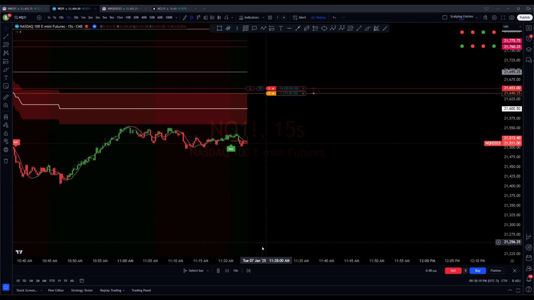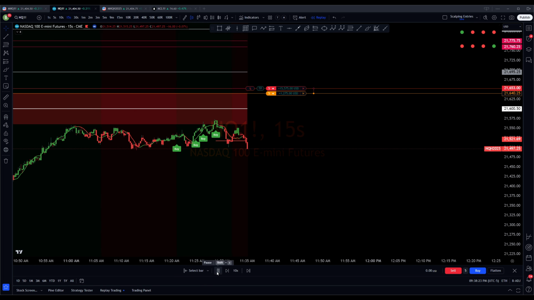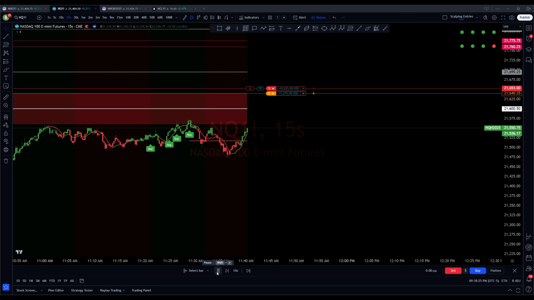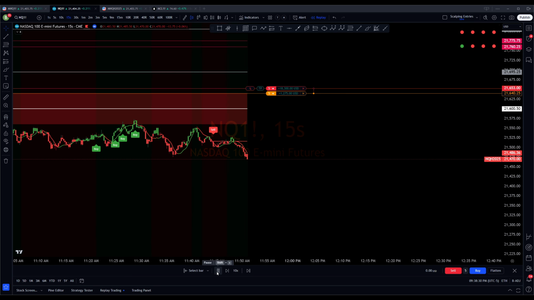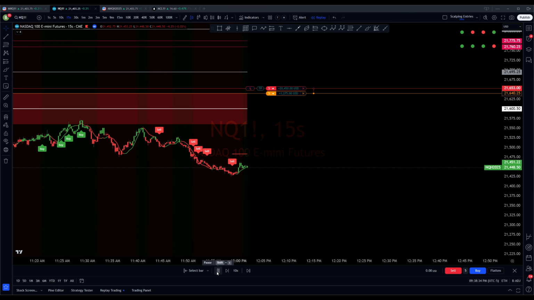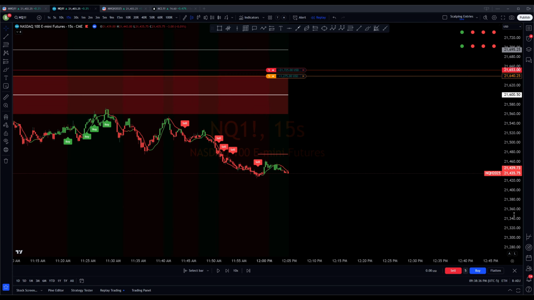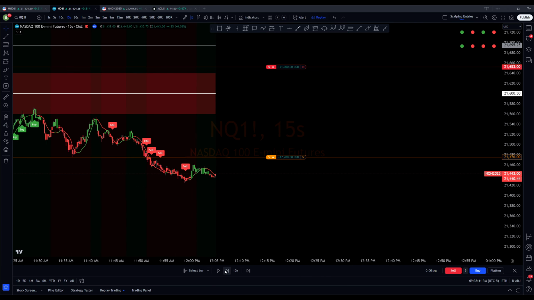And let's see. So it was about noon where we started actually following the trailing stop. But let's see, there's another sell signal. Oh, here we go. And then we're going to start trailing right there.